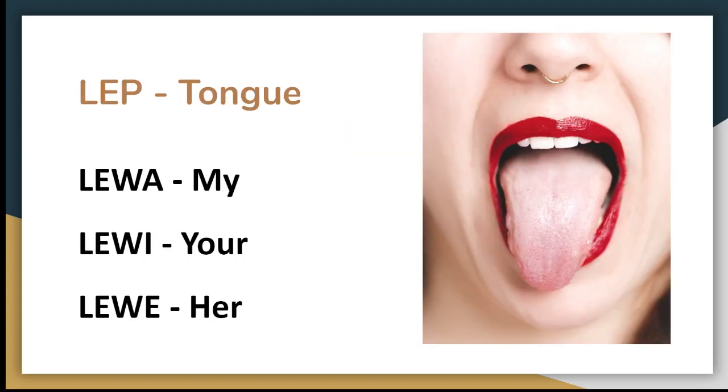You could say lewa, let's say your tongue is white, you'd say lewa rachar maber. My tongue is white and beautiful. Or my tongue is pink. Lewa rakwar maber. Okay.